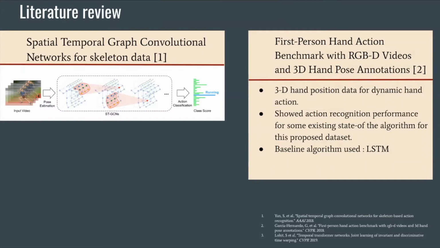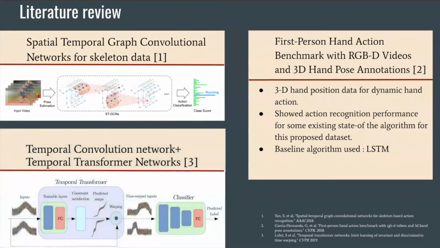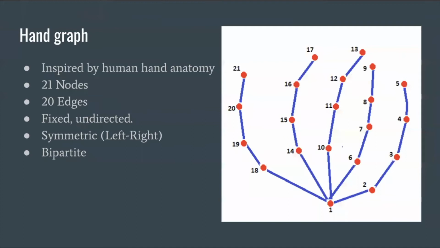And they showed some of the performance for hand activity recognition using some baseline algorithms and some of the existing algorithms in literature. Later, Lohit et al. proposed a temporal convolutional network and a temporal transformer network for hand activity recognition. But none of them proposed a hand action recognition algorithm using graph convolution.